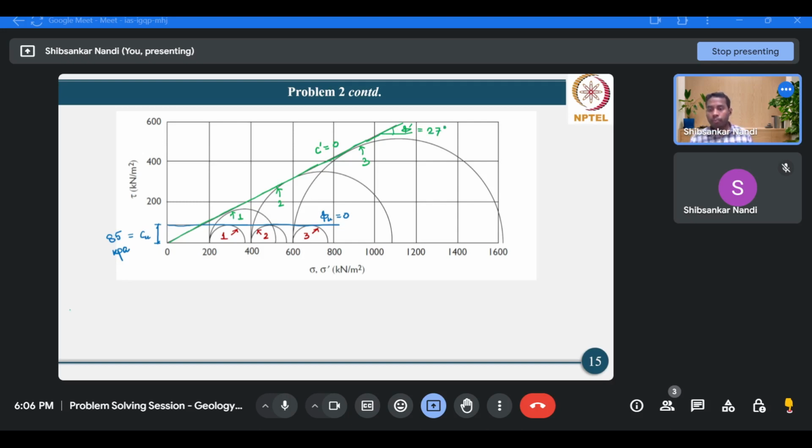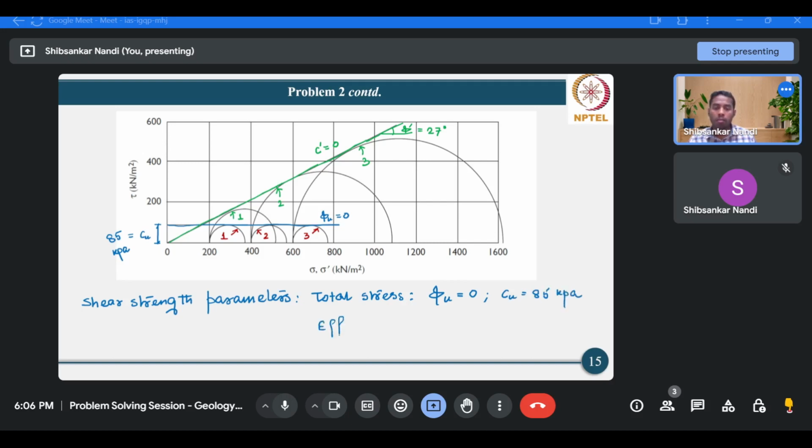So therefore, we can summarize the shear strength parameters. In terms of total stress, your undrained friction angle is 0 and undrained cohesion is 85.